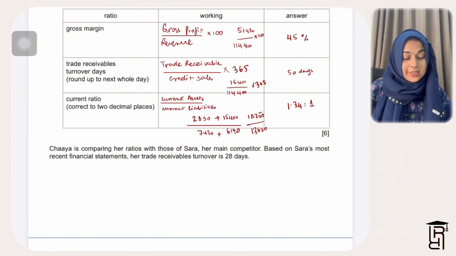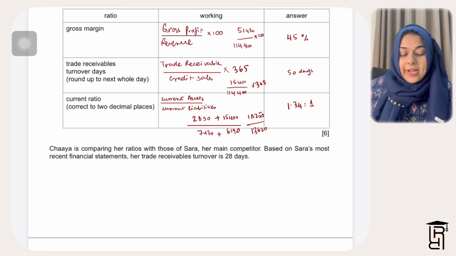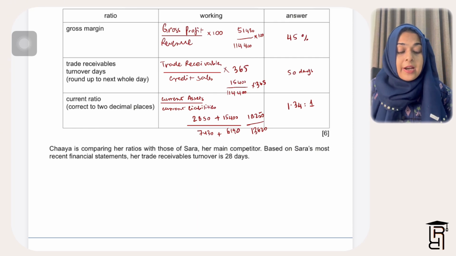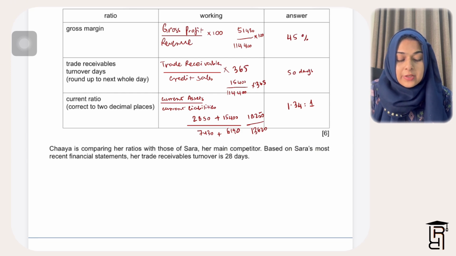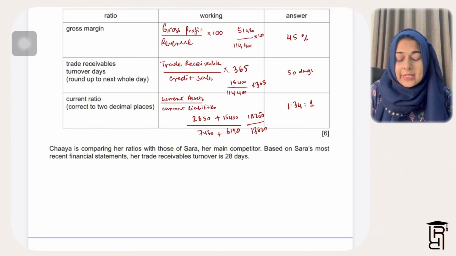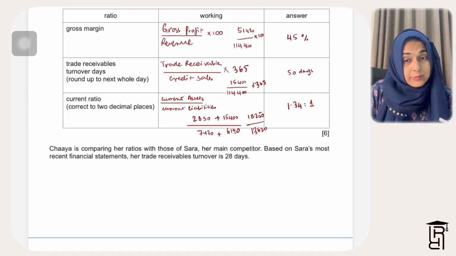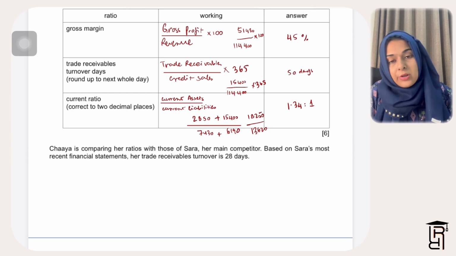What I have written here for you is a comparison of Chaya's trade receivables turnover with Sara's. Chaya's trade receivables take longer as compared to Sara's, which is true, because Chaya's trade receivables are taking 50 days. Chaya may be allowing a longer credit period to her customers. Chaya's credit control policy may not be efficient.